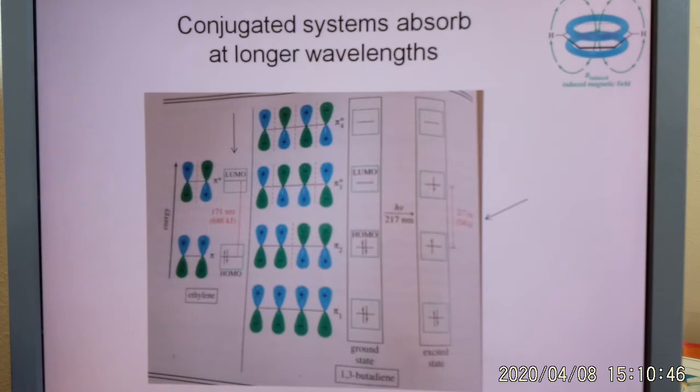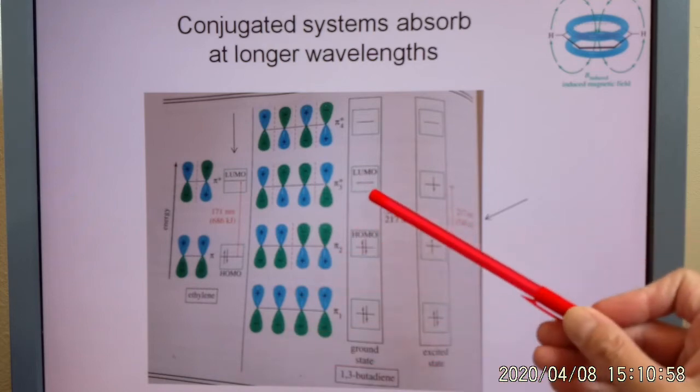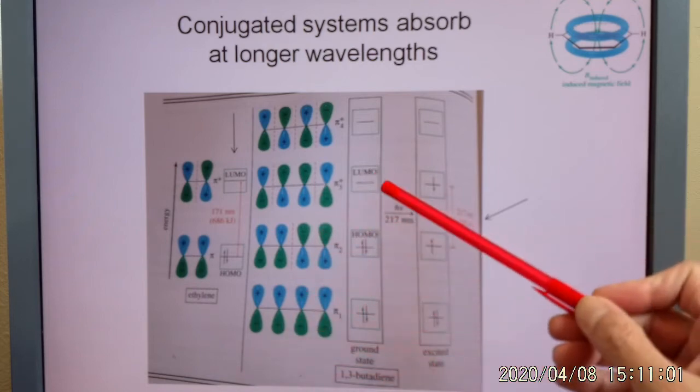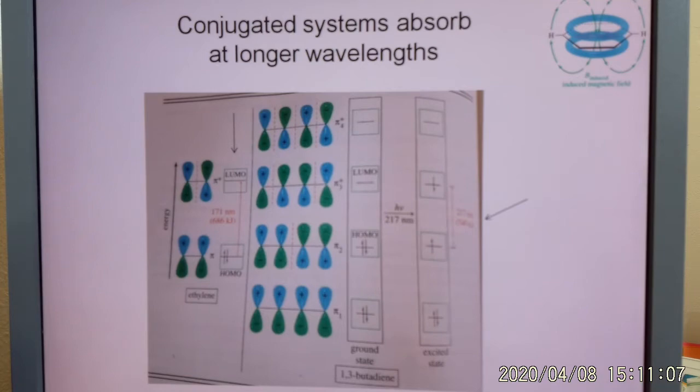It doesn't really register too well on the UV-vis spectrophotometers that we use. However, here with 1,3-butadiene, with just a simple conjugation, I'm looking for my HOMO to LUMO excitation, and that occurs at 217 nanometers, and that we can definitely see on a UV-vis spectrophotometer.